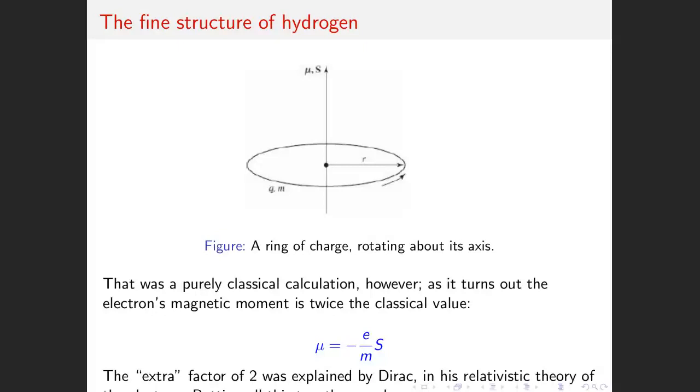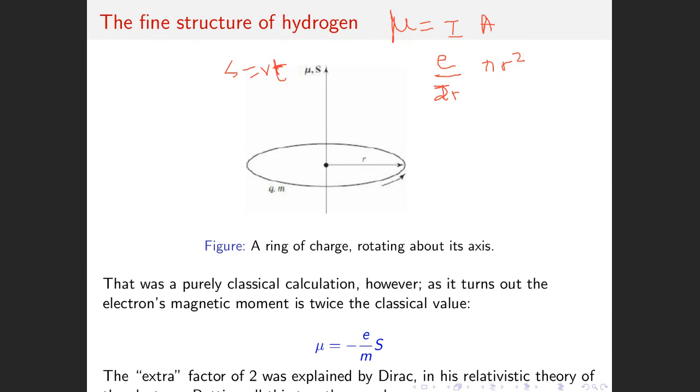Mu, from first year, you know that mu is just given by the current multiplied by the area. So the area here would be pi r squared, right? So then this will give you E divided by the period, times pi r squared. The period will be given by, 2 pi r equals v times the period.